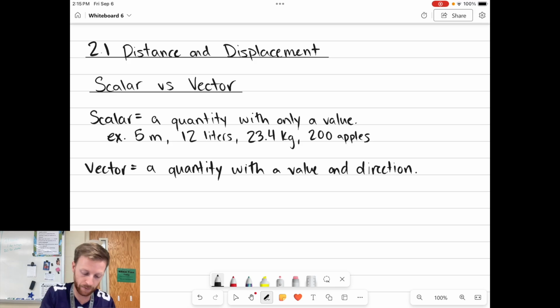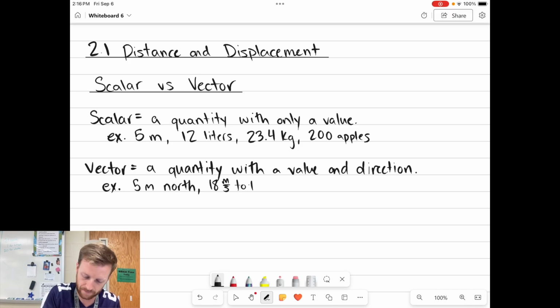Some examples of this might be that 5 meters, but instead it's 5 meters north. That tells me exactly where I'm going. Or maybe a speed, like 18 meters per second to the left. It doesn't have to be a compass rose direction. Or another one is 26.2 kilometers west.